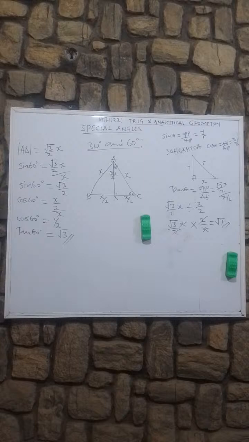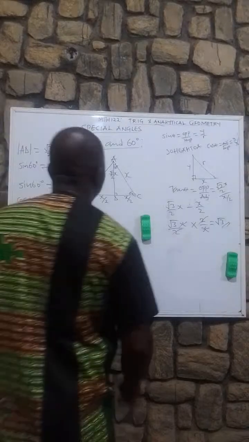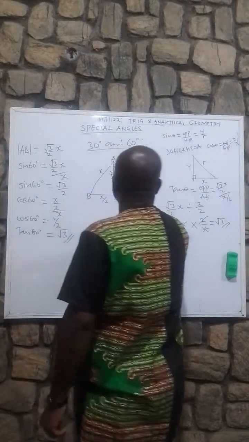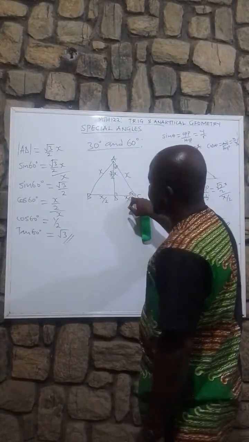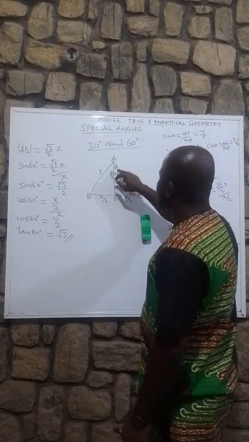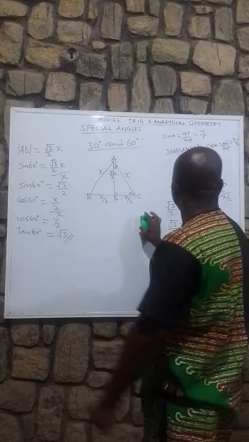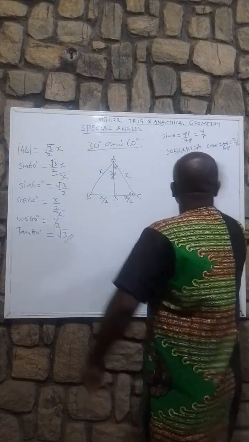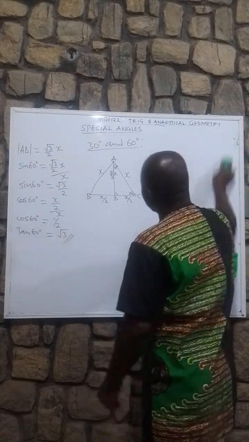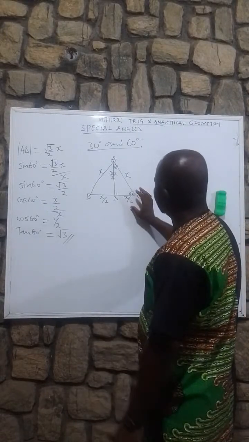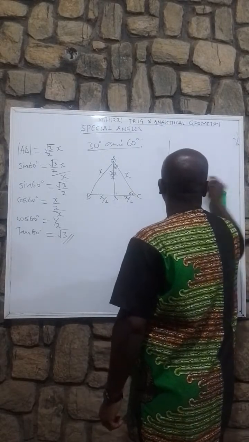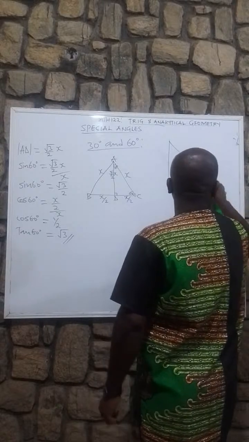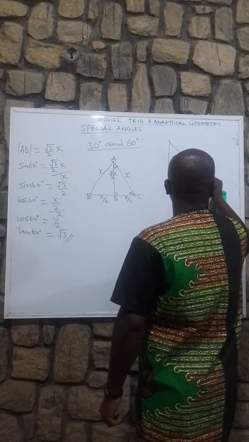Okay. So now let's consider 30 degree. It means the angle will now turn. This is how it is. This is 60 degree.